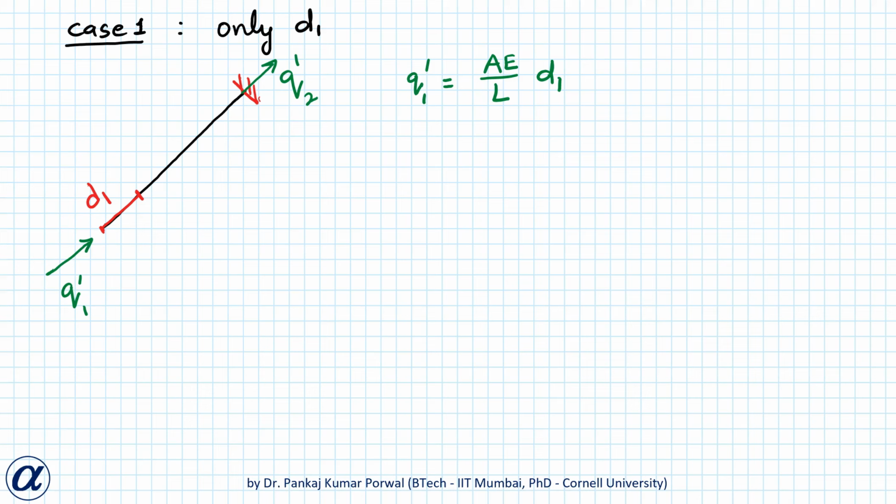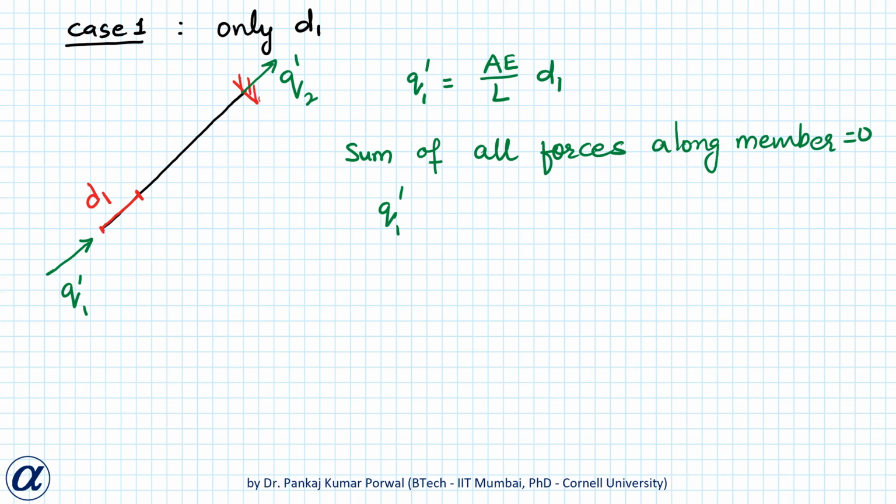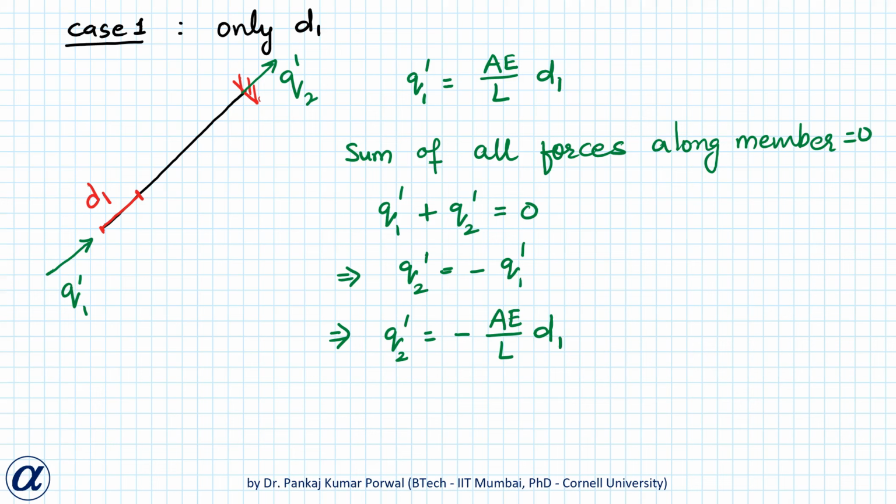And if I write sum of all the forces along the member equal to 0, that is the equilibrium of the member, I get Q1 dash plus Q2 dash equals 0. That gives me Q2 dash equals minus Q1 dash, or Q2 dash equals minus AE by L D1.